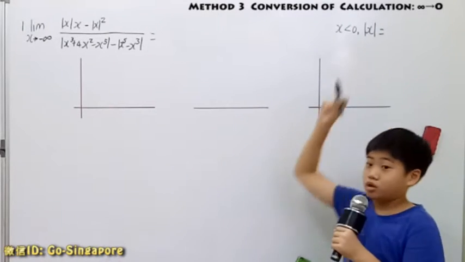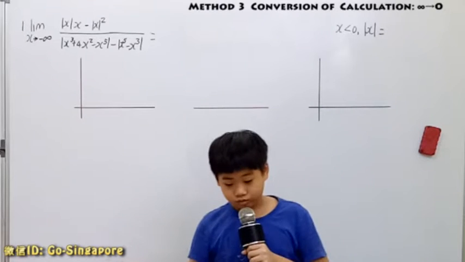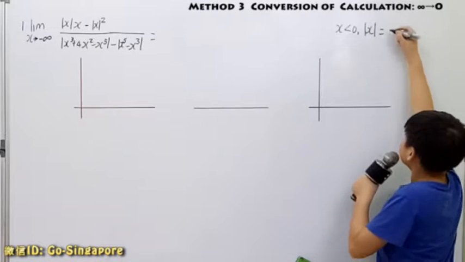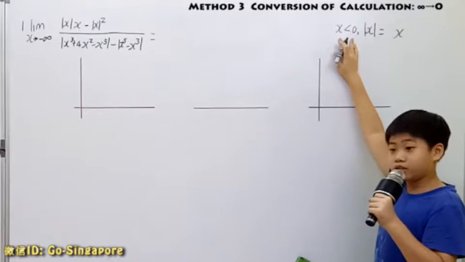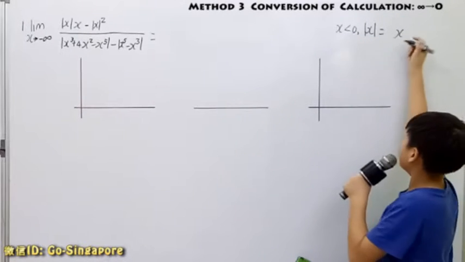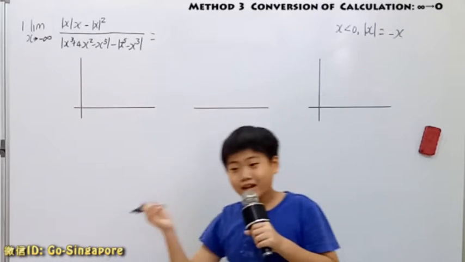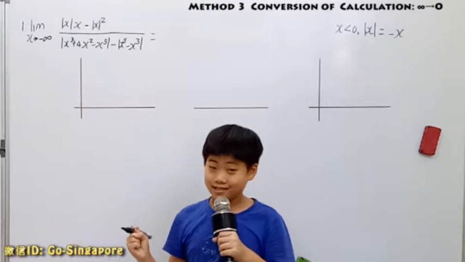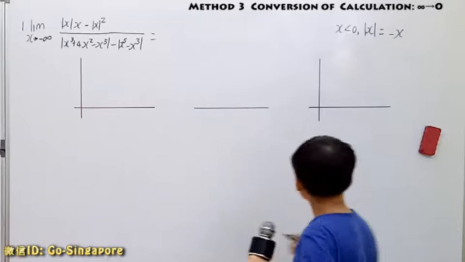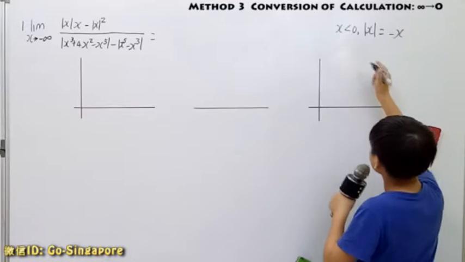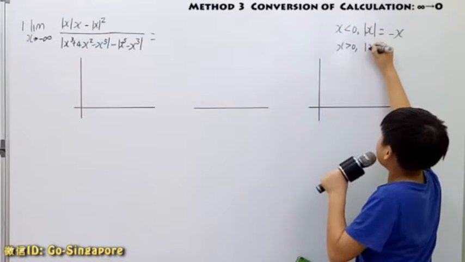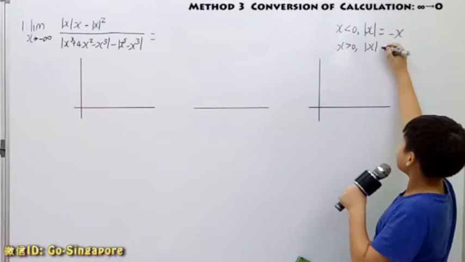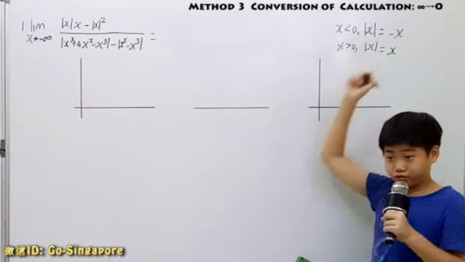Remember, modulus always makes it positive. In this case, x is smaller than 0, a negative number, so you need a negative, negative, which makes it a positive. And if x is bigger than 0, of course, this is still positive.